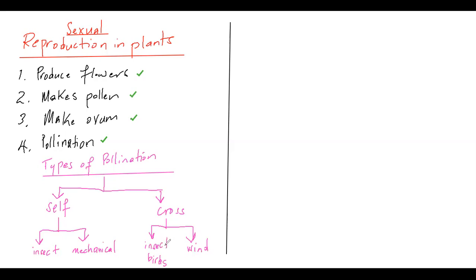And then we discussed the features the flower would have if it was depending on insects to do the pollination versus what it would look like if it was using wind. Let us see if we remember those features. So for a plant that is going to use insects, how will the flower look in order to attract insects? The plant would be colorful. The petals, right? You'd want colorful petals, yes, to attract the insects.